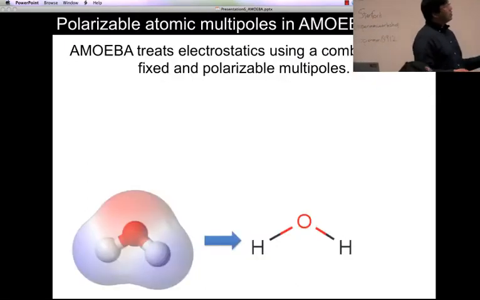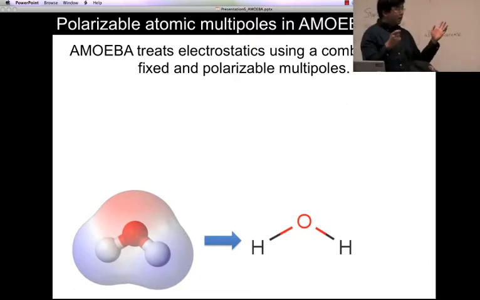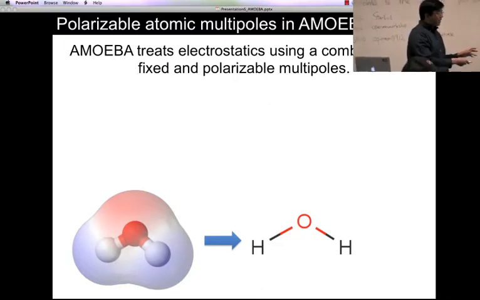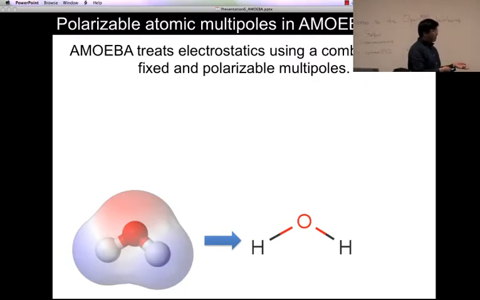So how does AMOEBA treat electrostatics? We're going to take a step back and take kind of a broad look at this problem of describing electrostatics. This is kind of what the true electron distribution in a water molecule looks like. There's more electrons on the oxygen side, less electrons on the hydrogen side, and it's distributed in this cloud-like shape, right?